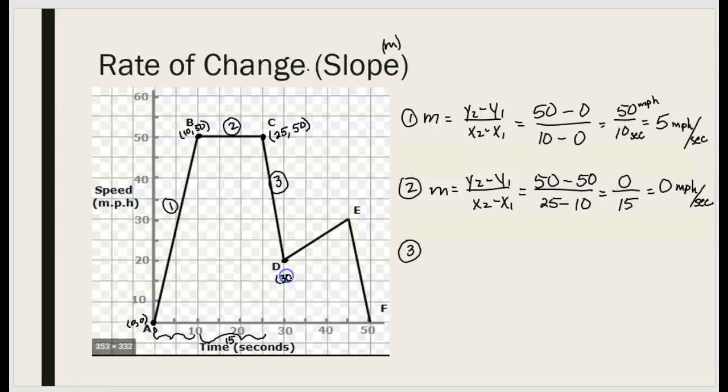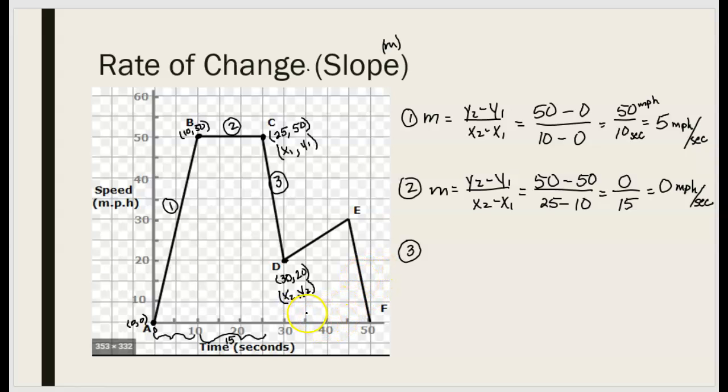And my y value is at 20. Okay, so now if I'm going to calculate the rate of change from C to D, I'm going to call this one my x1, y1 at point C, and point D I'm going to call my x2, y2.